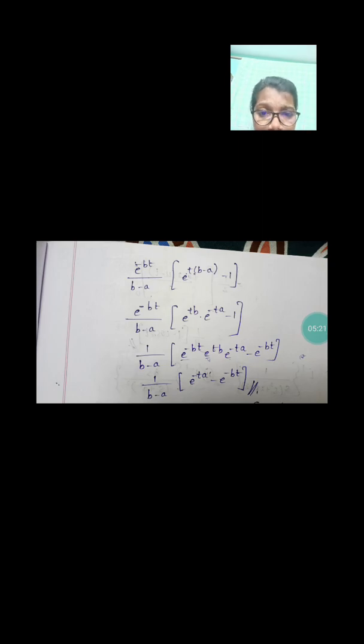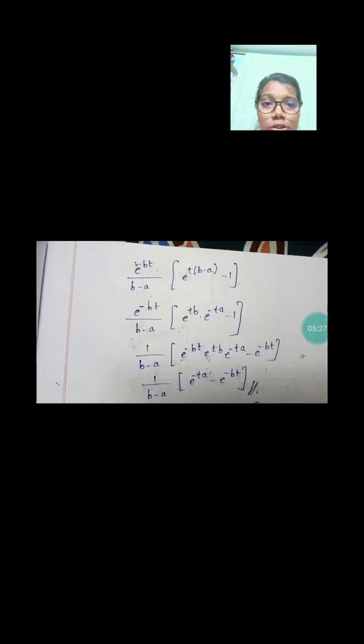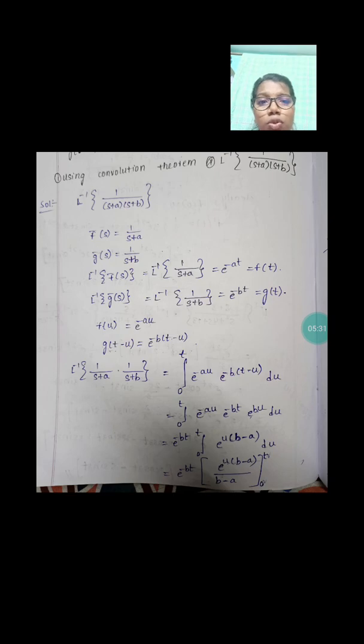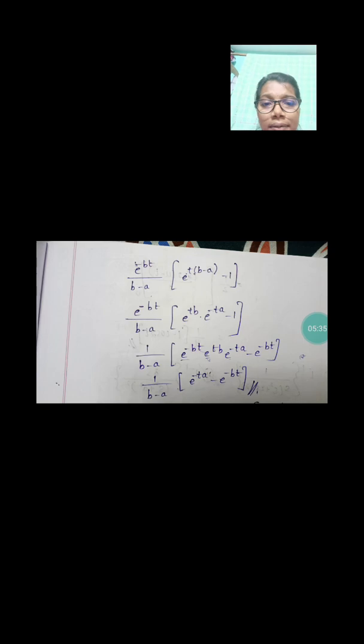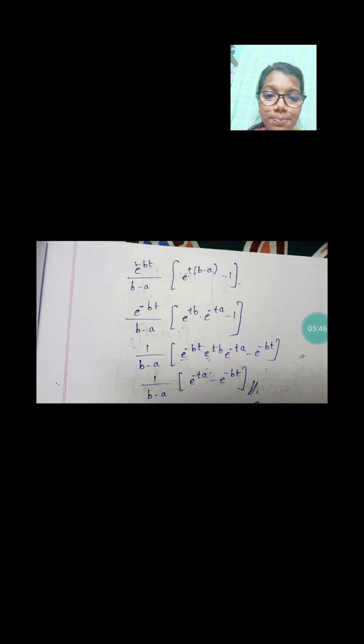In the place of u we keep t, so we get e power t into b minus a, and b minus a is a constant, so we write it outside.